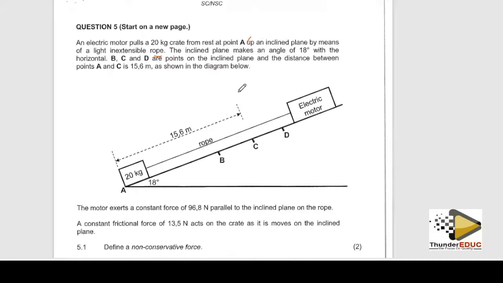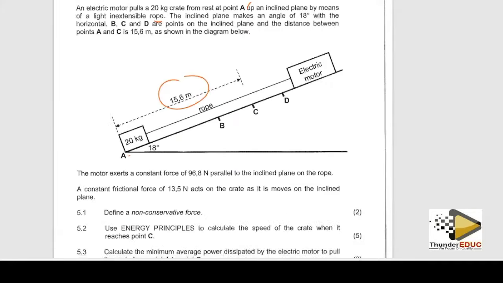We have B, C, and D as points on the incline, and the distance between A and C is 15.6. Then the motor exerts a force. Okay, this is important. So which means the force applied is 96.8. And then there's a frictional force of 13.5. It's constant.